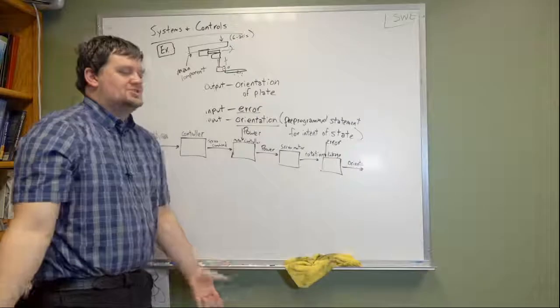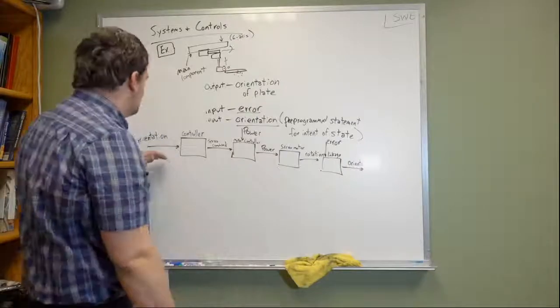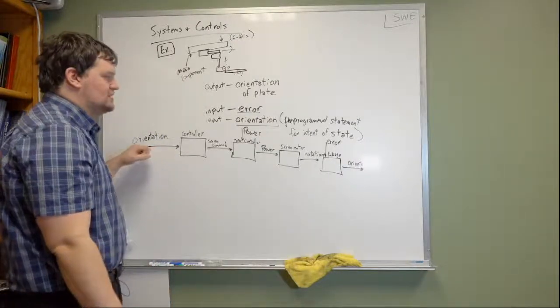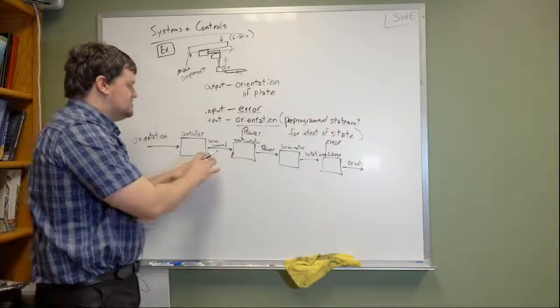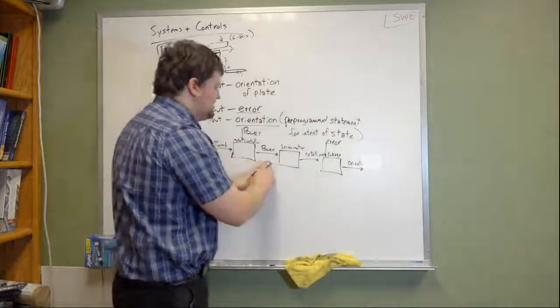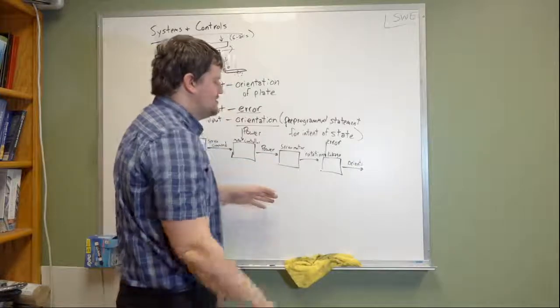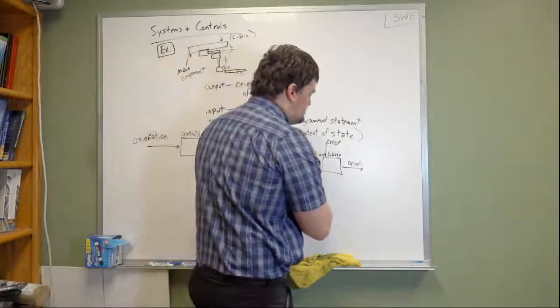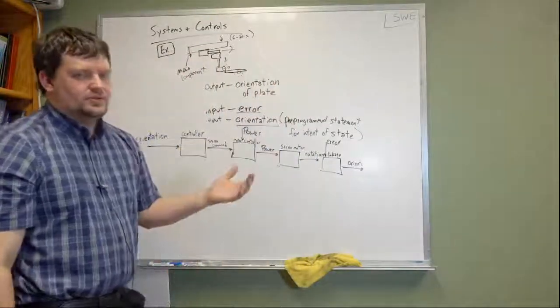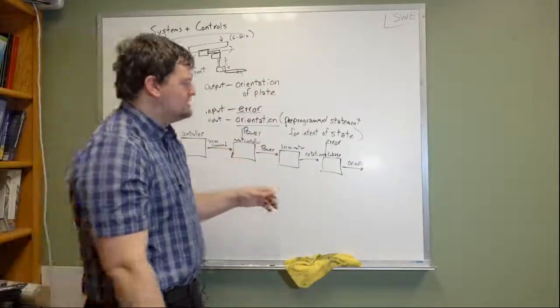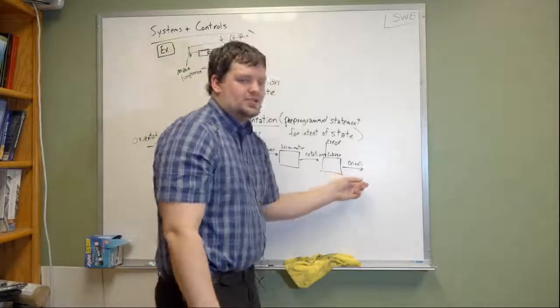And what is that actually measuring? Well, if we go look at all of our outputs here, it's not measuring the intended orientation, it's not measuring the servo command, it's not measuring the power that's being sent to the motor controller, it's not measuring the rotation of the actual spindle, it's actually measuring the orientation of the plate.